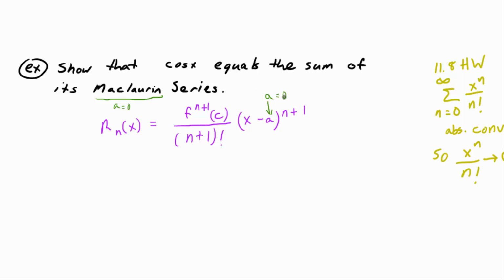Remember when we took several derivatives of cosine to come up with that series yesterday? When you take a derivative or a higher level derivative of cosine, it's either going to be sine or cosine, right? And we have bounds on sine and cosine. What does it lie between? -1 and 1, right?